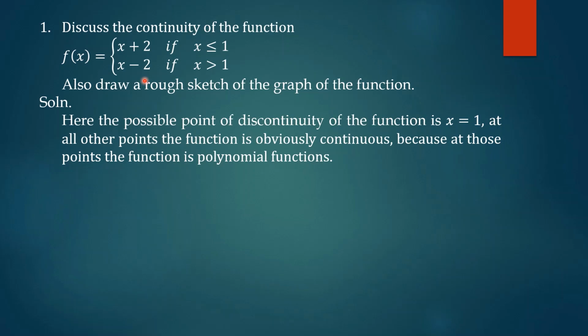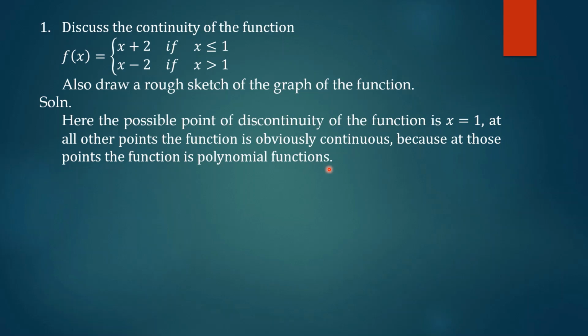Therefore, for all values less than 1 and all values greater than 1, the function is obviously continuous. So the only doubtful point is x equal to 1. That is why we have written here that the possible point of discontinuity of the function is x equal to 1. At all other points the function is obviously continuous, because at those points the function is a polynomial function.